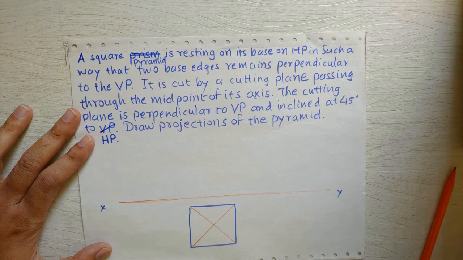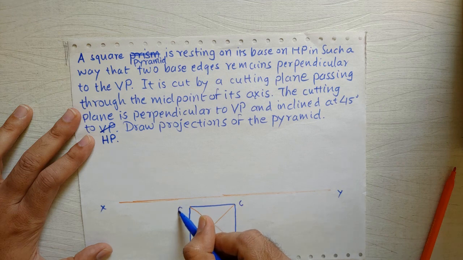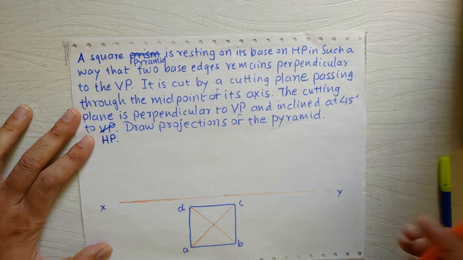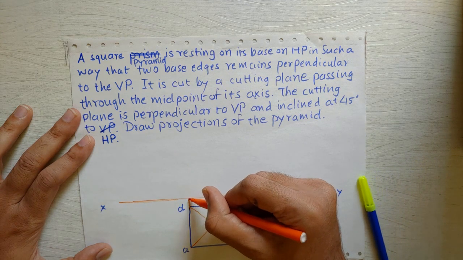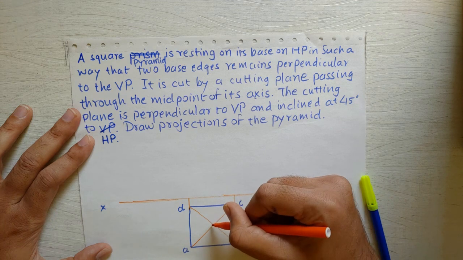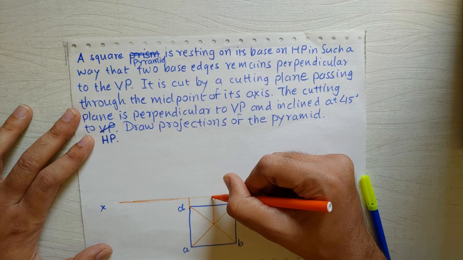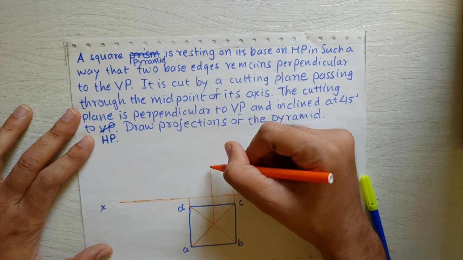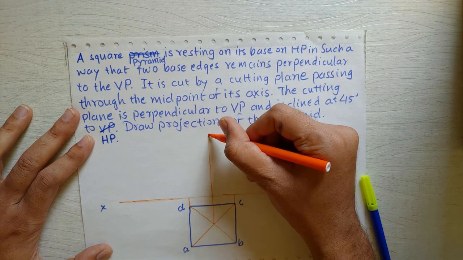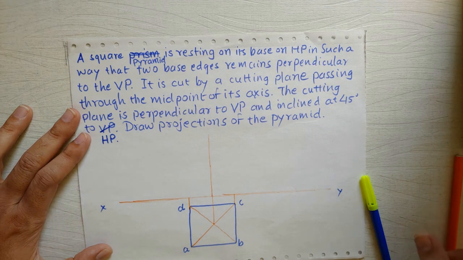Now I will give some notations to this, and then we will project this, this and this, and first we will draw the axis.